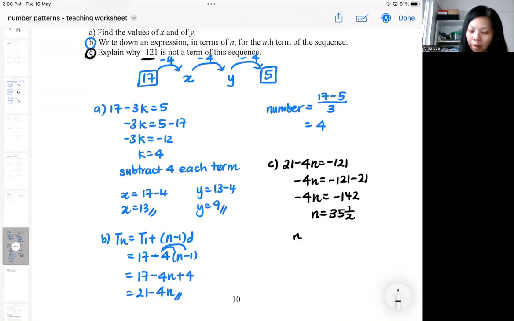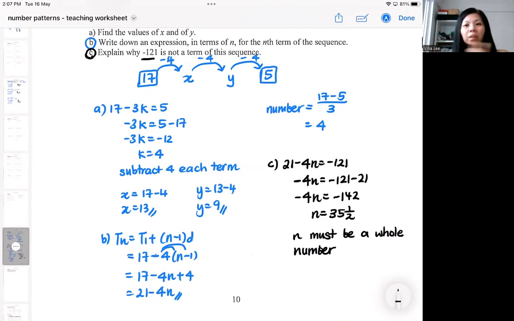So n must be a whole number. The logic will be n must be a whole number because we are talking about first term, second term, third term, or fifth term, all that. There's no such thing as a 35.5 term.